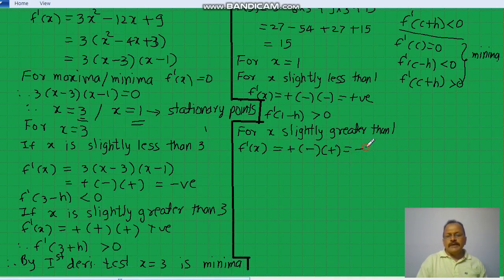This is a negative number, and therefore I can say that f dash (1 plus h) is less than 0, and therefore by first derivative test x equal to 1 is maxima.